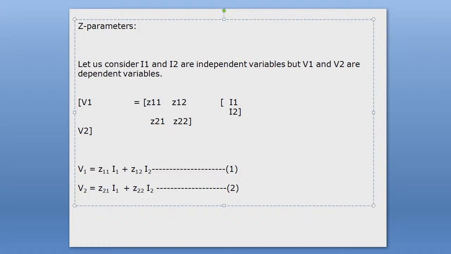Now, if I ask you to write the expressions of Z11, Z12, Z21, Z22 in terms of V1, V2, I1, I2, do it yourself. If you face any problem, I will help you.